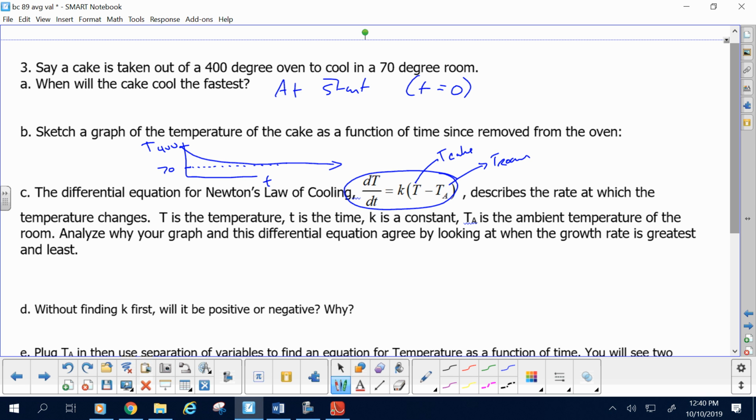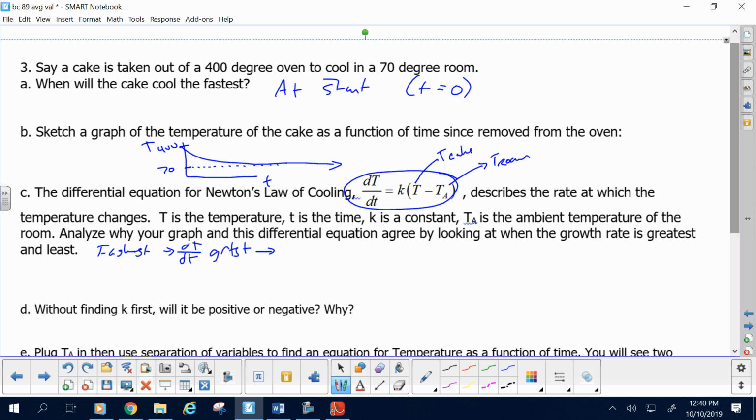What I was shooting for in this equation is that you confirm this makes sense with what we think. So why would it cool the fastest? Fastest implies that dT/dt is greatest, I guess the biggest negative is what I meant to say. When would this be at its greatest?